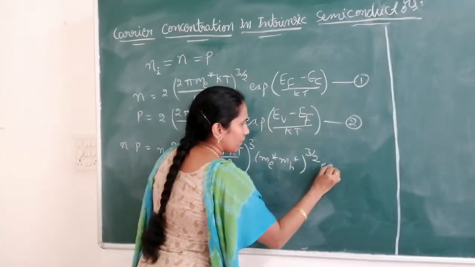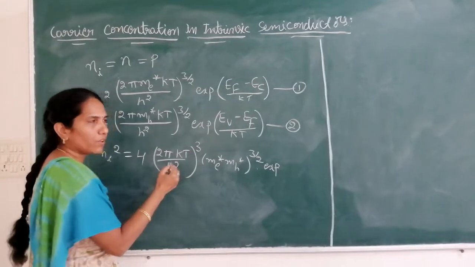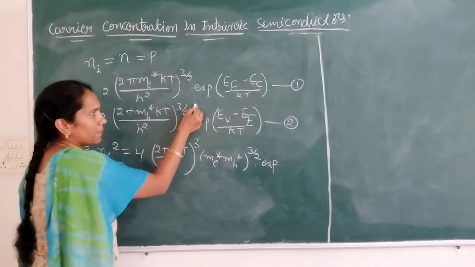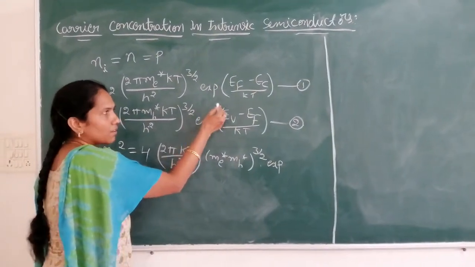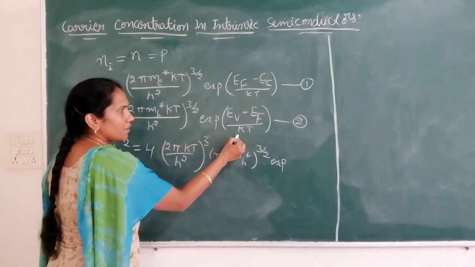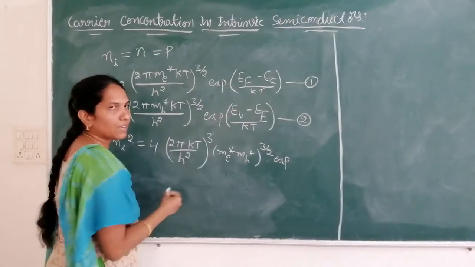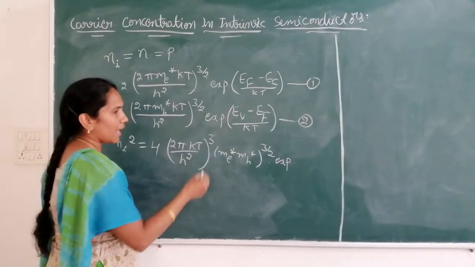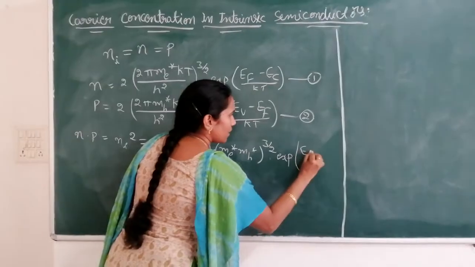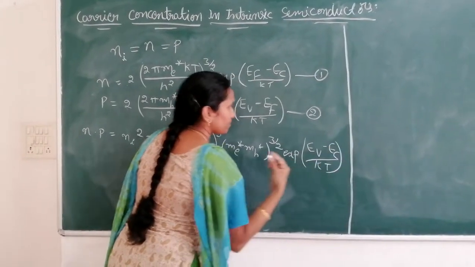When you take the exponential terms, e power a into e power b, we can write it as exponential of a plus b. So when you write together (EF minus EC plus EV minus EF) by kT, the plus EF and minus EF get cancelled. So it becomes exponential of (EV minus EC) divided by kT.